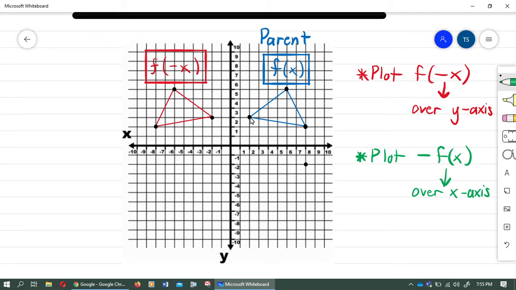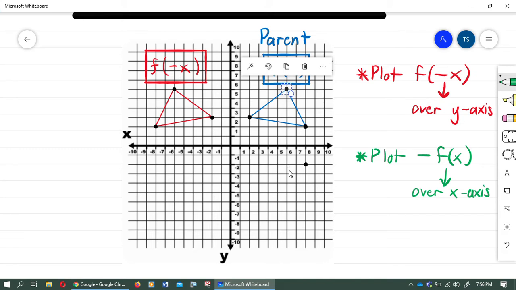All right, let's do this point here. That ordered pair is 6, 6, and so the distance of that point away from the x-axis is 6 units. So again, if we want to reflect that over the x-axis, then we need to make sure that we go to the other side of the x-axis the exact same distance away.